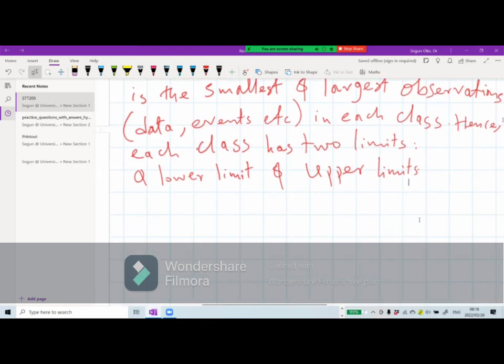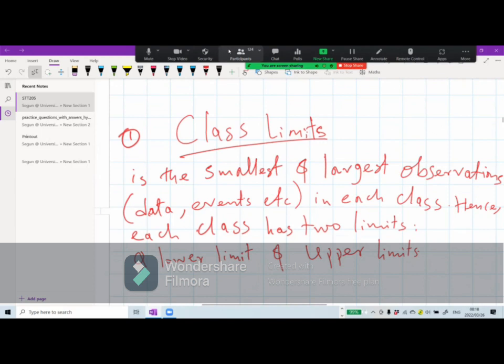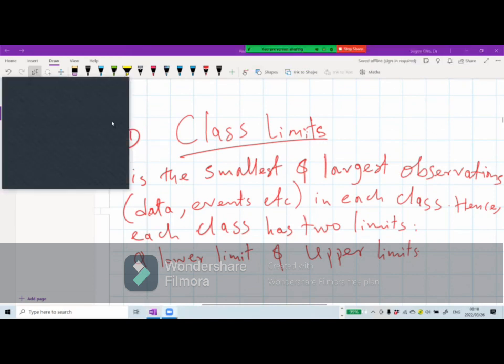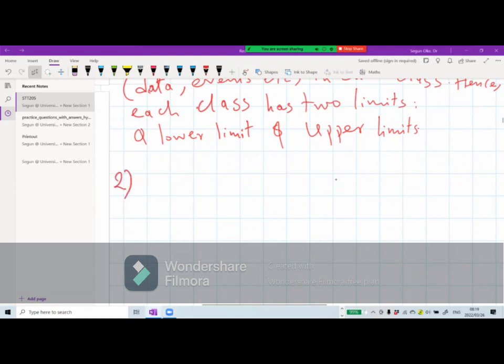Then I would rather use examples to draw our attention so we are able to solve some of the problems. Let me call class limits number one. Then number two, we can call a class boundary.